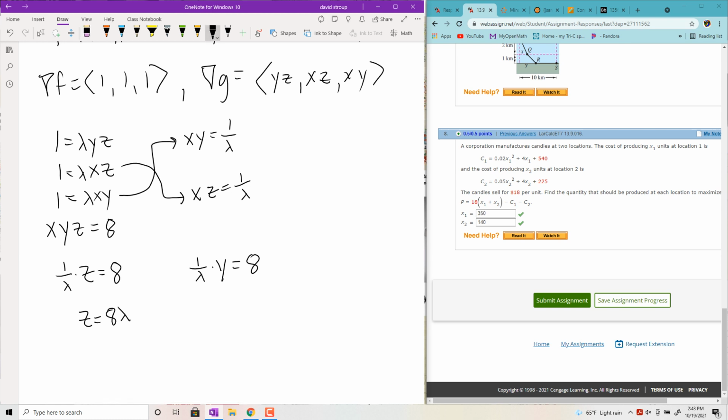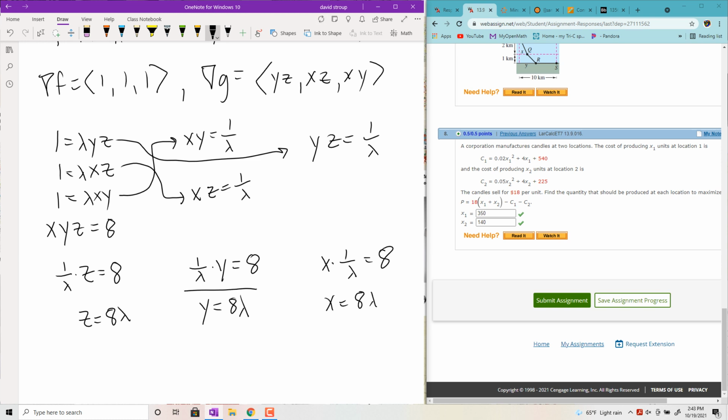So y equals 8 lambda. And then use this one, yz equals 1 over lambda. So using the xyz formula now, you have x times 1 over lambda equals 8. So x is equal to 8 lambda as well.